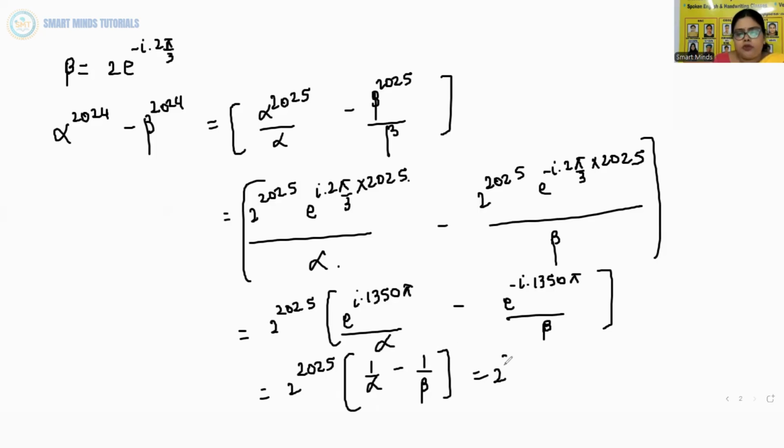So that is 2 power 2025 into 1 by 2 e power minus i into 2 pi by 3 minus 1 by 2 into e power i into 2 pi by 3. So that is equal to minus 2 power 2024 into e power i into 2 pi by 3 minus e power minus i into 2 pi by 3.